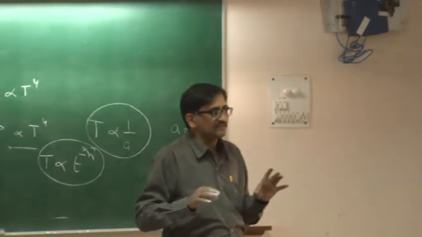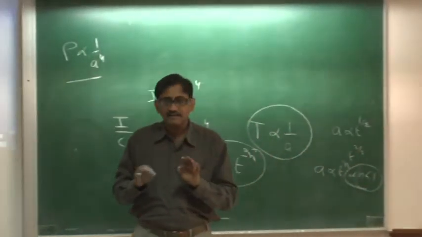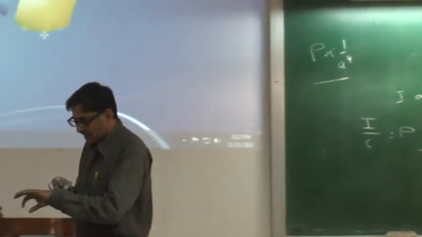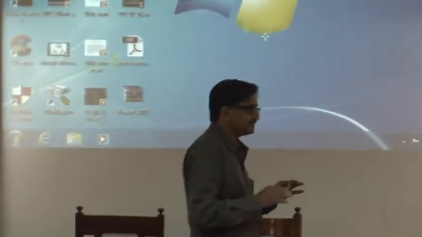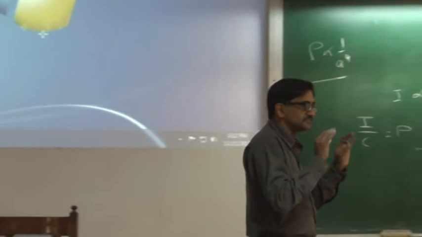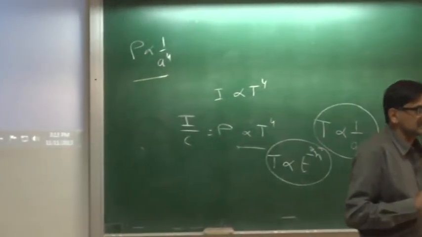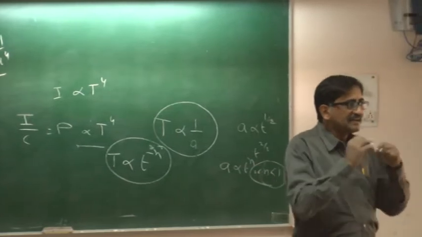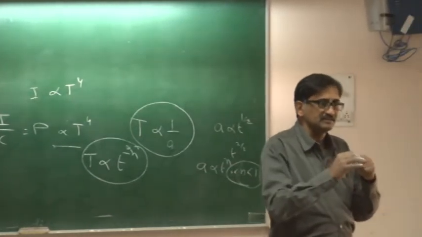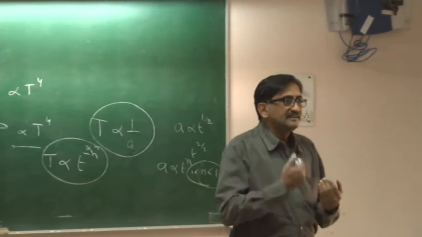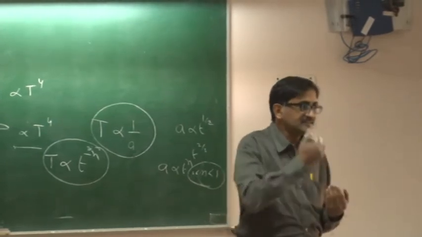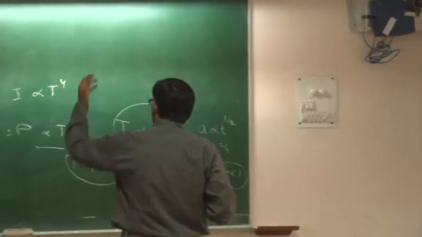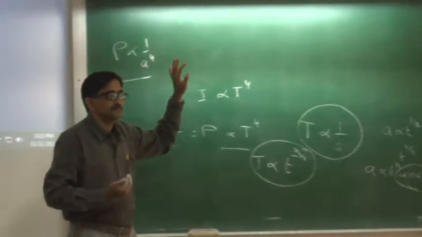Once the matter is ionized, the basic units are no more neutral particles, but they are all charged particles, electrons and nuclei. Charged particles interact very strongly with radiation, and hence radiation and these particles keep on getting scattered. It is this scattering which leads to the equilibrating condition which leads to black body.